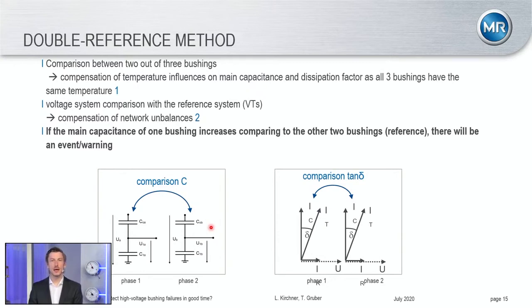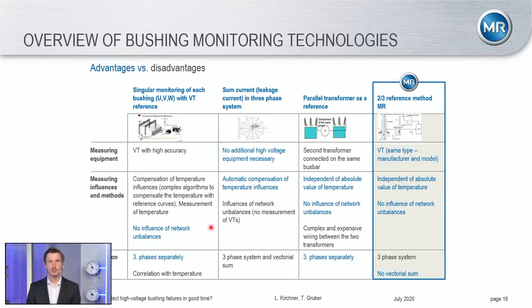So to have a really accurate way to do bushing monitoring, you need to compare the three bushings, but also compare the three bushings to the system reference voltage. So this approach, we call it double reference method.